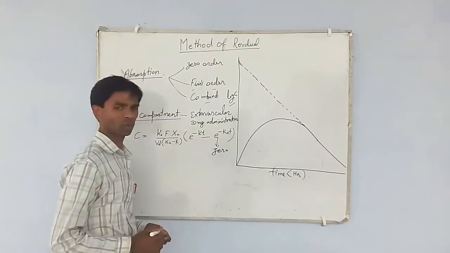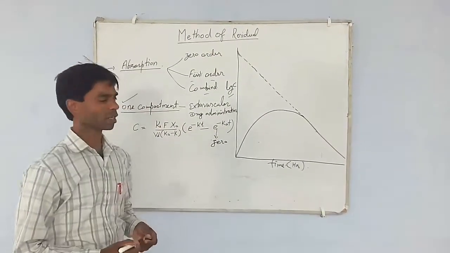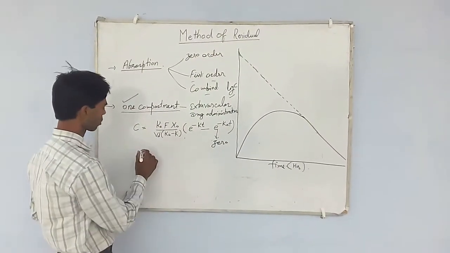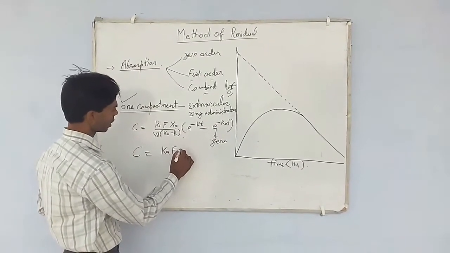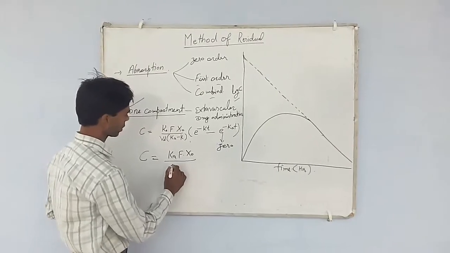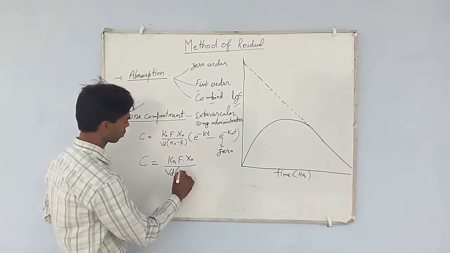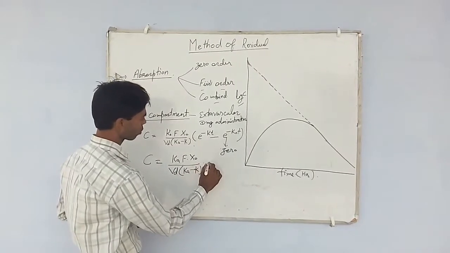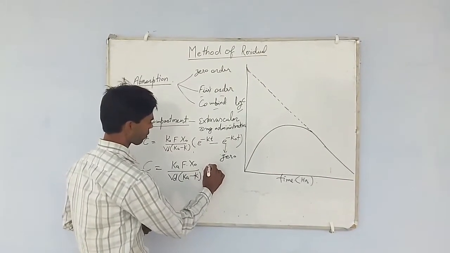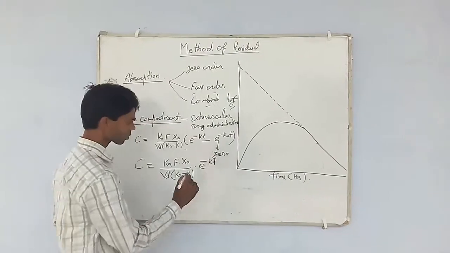Then the equation becomes C is equal to Ka F X0 divided by Vd into (Ka minus K) into e to the power of minus Kt.